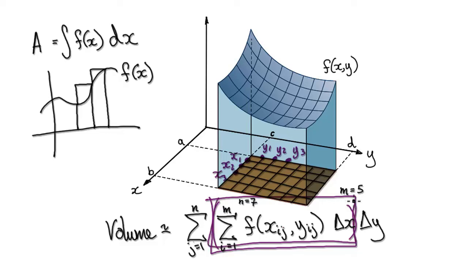So for the first one, i1 j1 would be right here, and then this gets incremented to 2, so that would be right here, and then it gets incremented again to 3, that would be here, 4, it will be here, up to m is 5, so you stop here.